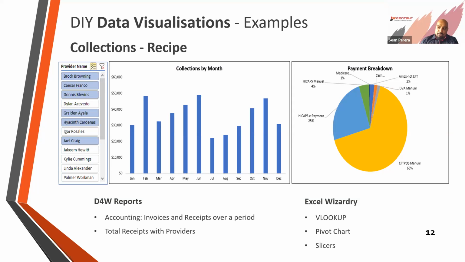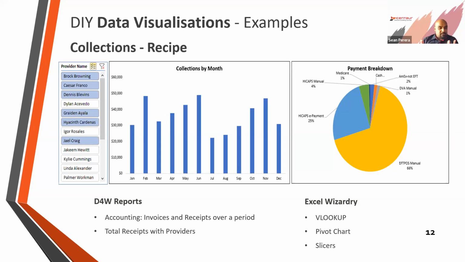And we've got a pie chart that shows us different payment methods for that period. On the far left, we have a slicer which allows us to select different providers. You can look at a few providers together or just look at individual providers.